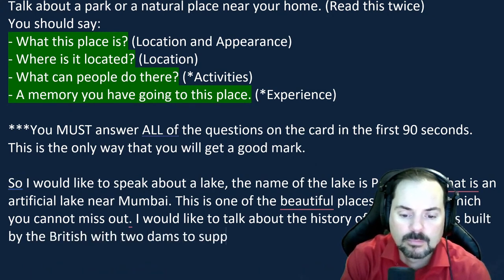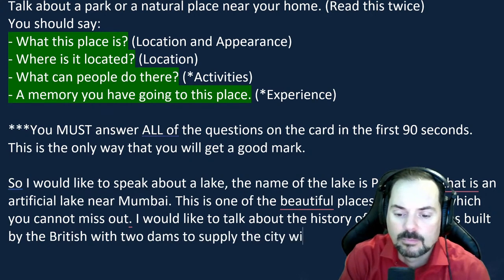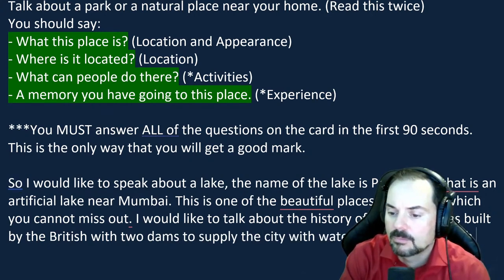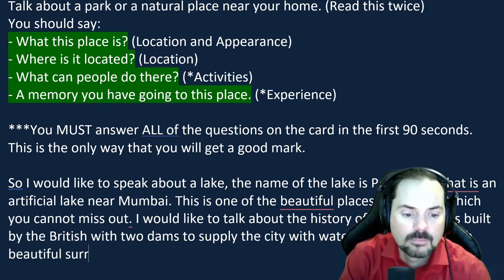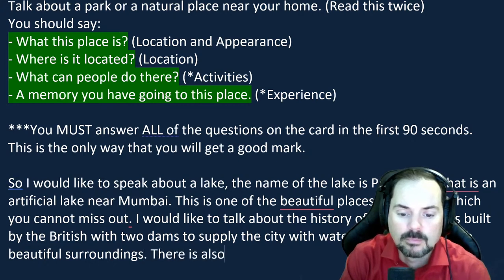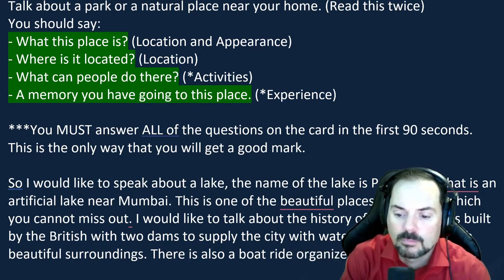This lake has beautiful surroundings. There is also a boat ride which is organized, which is quite a tranquil experience. And there is also a Powai Lake Garden where you can sit and enjoy the surroundings. Another major attraction of this lake is situated close to the luxury of Hiranandani Gardens.